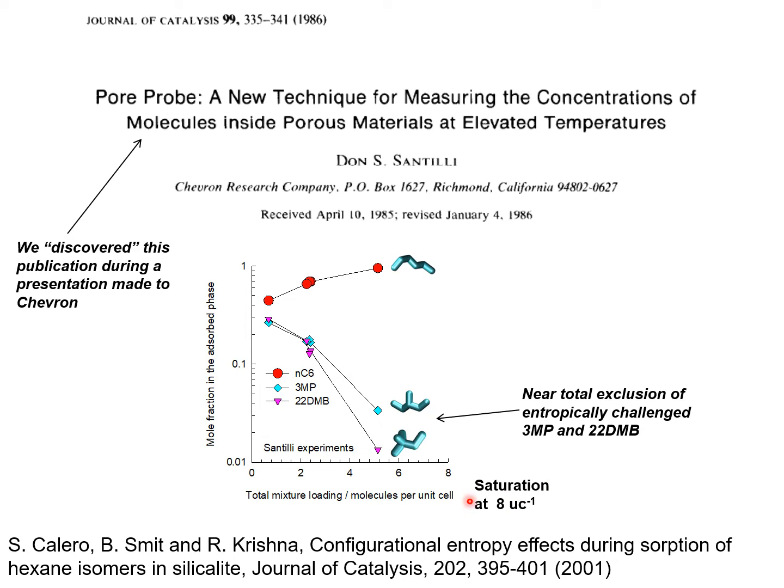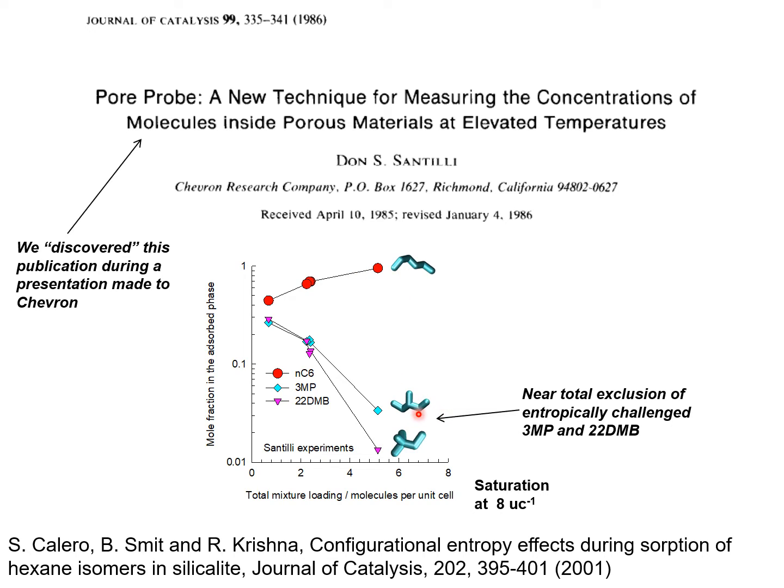Remember that the saturation capacity in MFI zeolite is 8 molecules per unit cell. And we note that as the mixture loading increases, in other words, as the adsorbed phase approaches saturation, the branched isomers are progressively excluded from the pore space to the benefit of the linear isomer.